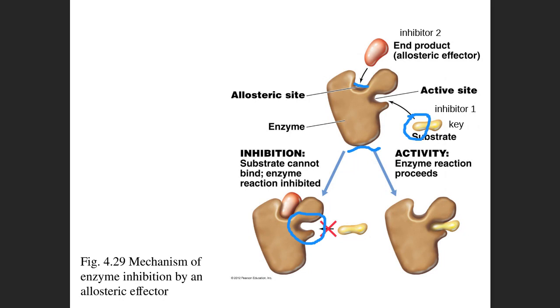And because it's small, this key doesn't fit in anymore. All right, so now you have two ways of preventing the enzyme from picking up the substrate. One is you have a broken substrate here, or two, you have an allosteric effector that's changing the structure of the enzyme. Is that clear?